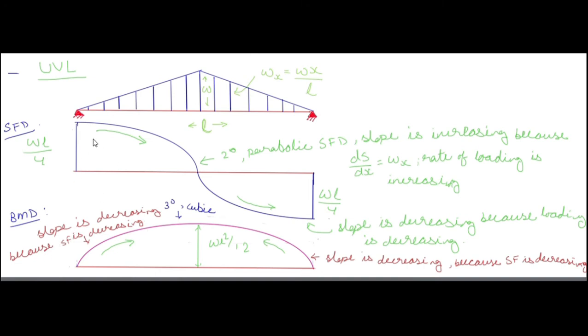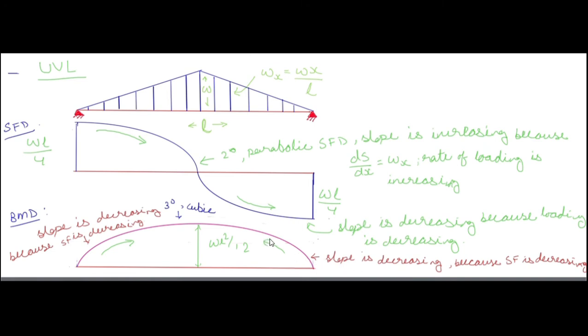You can see in the shear force diagram that the shear force is decreasing and hence the slope is also decreasing. Also from here you can see that the slope is decreasing because shear force is decreasing from minus WL by 4 as you go to the center at the midpoint. That's why the slope is decreasing.